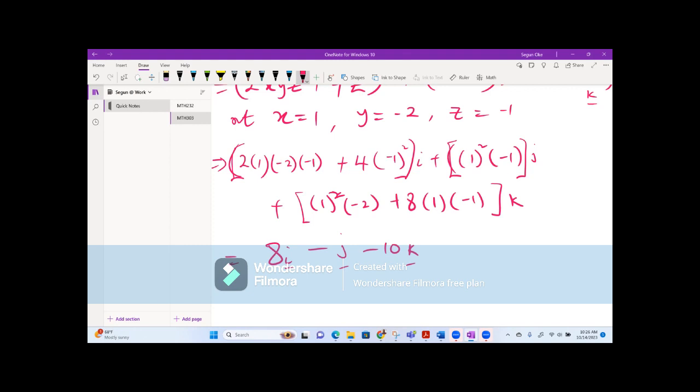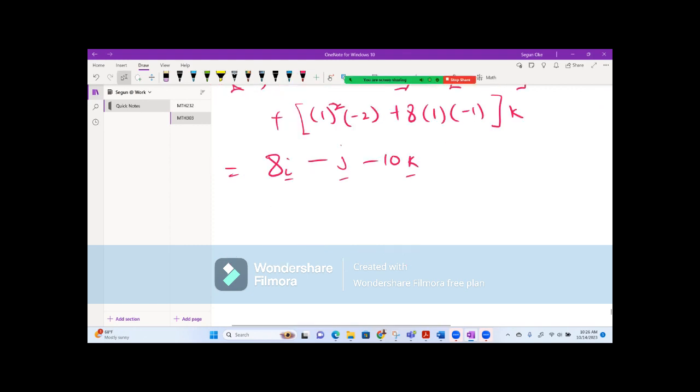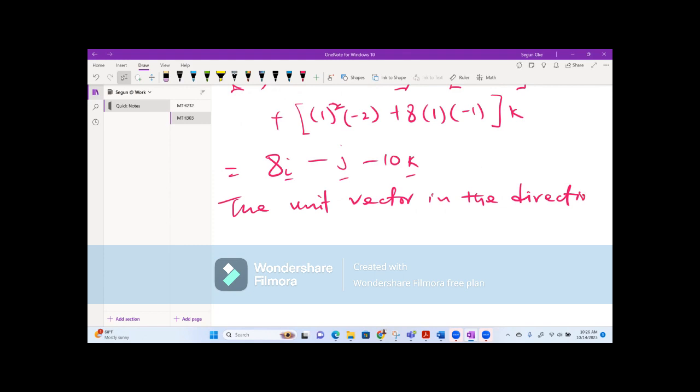Then we are given a direction. They said the unit vector in the direction of 2i minus j minus 2k. Remember the way we find the unit vector, we did that in the first place.